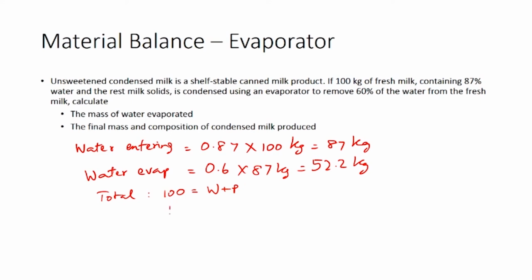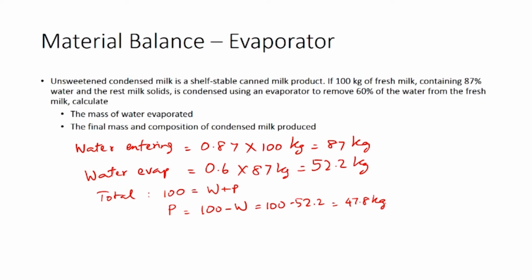So, the final product, which is the condensed milk, would be 100 minus the amount of water which has been evaporated, which is 52.2. So, you end up with 100 minus 52.2, which is 47.8 kilograms. So, the final condensed milk which is produced is 47.8 kilograms.